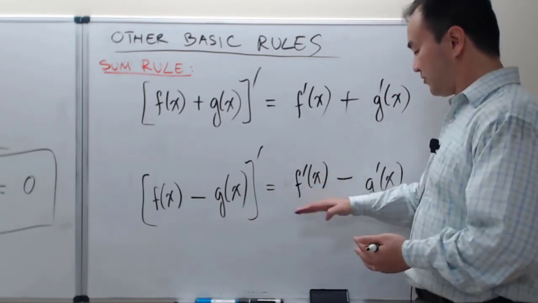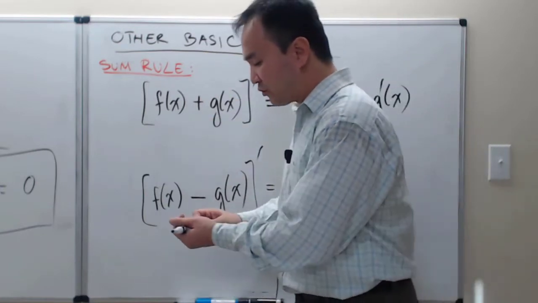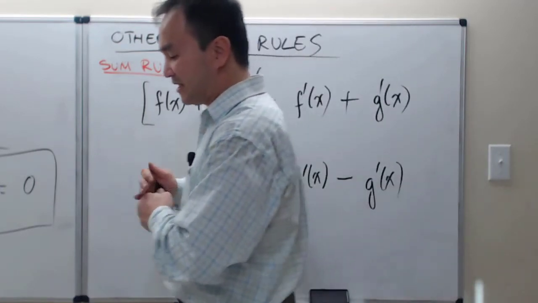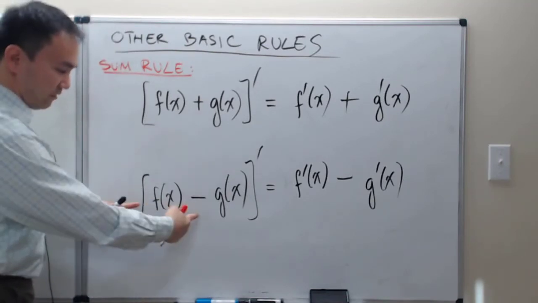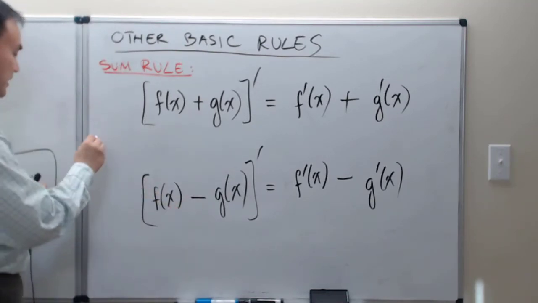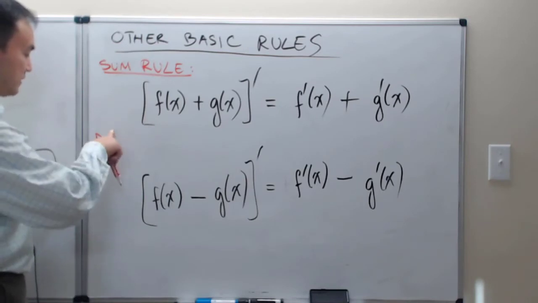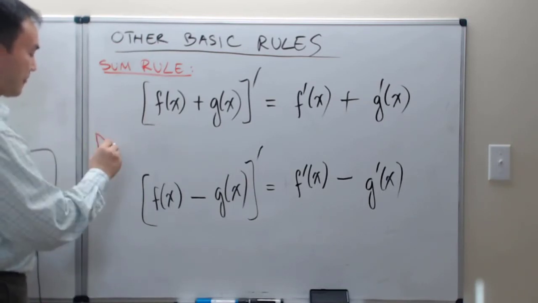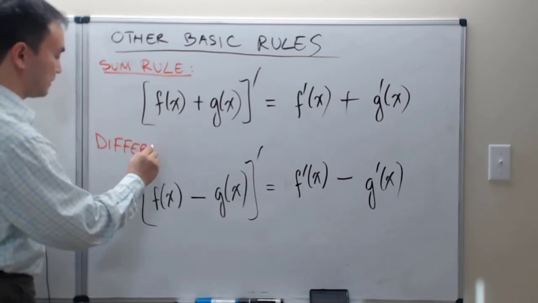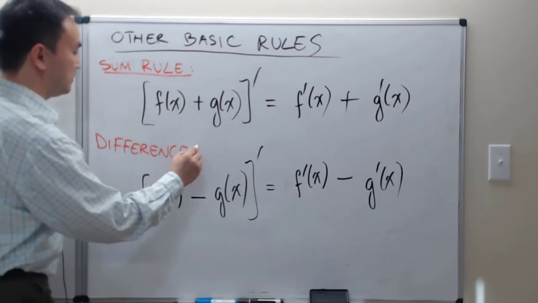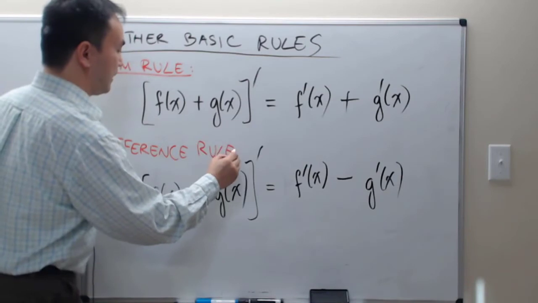The rule we learned just previously is called the sum rule. This rule that we just now learned is focused on a difference, so we call this the difference rule. All right.